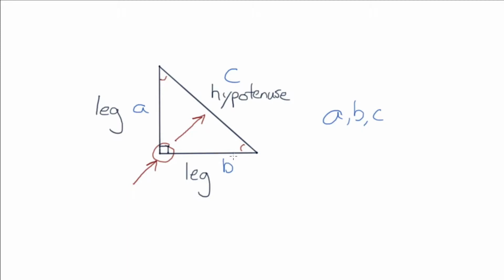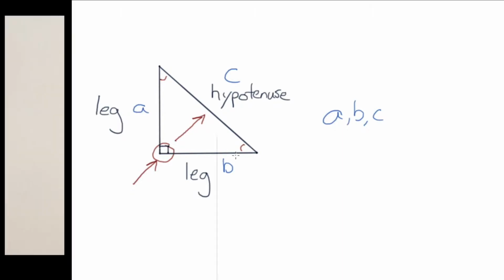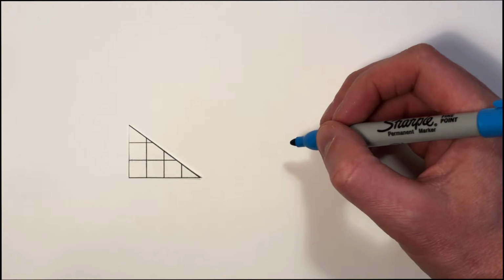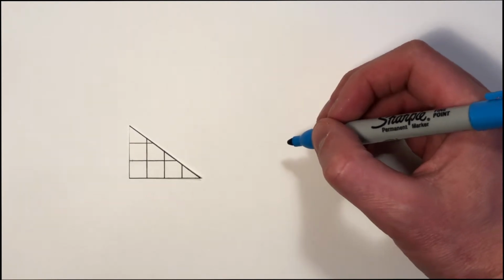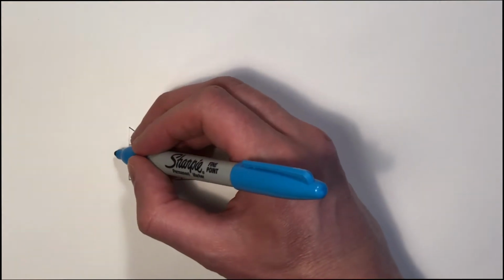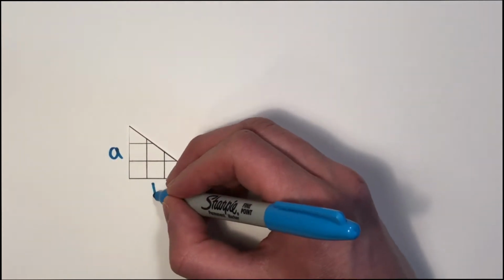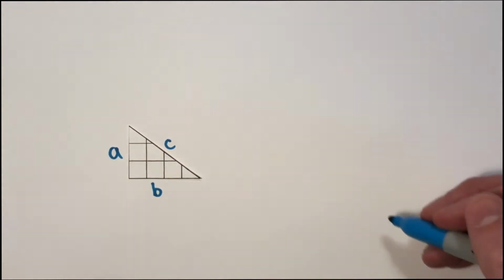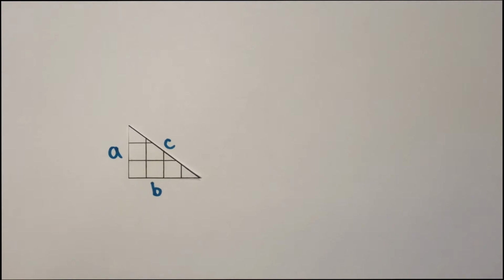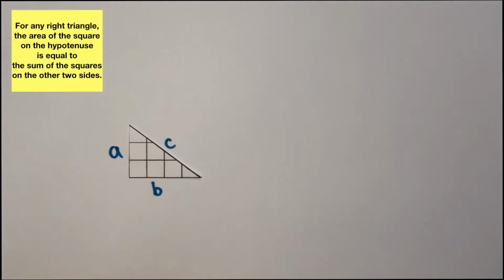For the next part, we are going to jump out of the digital world and into reality. Let's look at an illustration of our triangle. Previously, we labeled our triangle A, B, and C. We will continue by drawing a square on each side of our triangle.